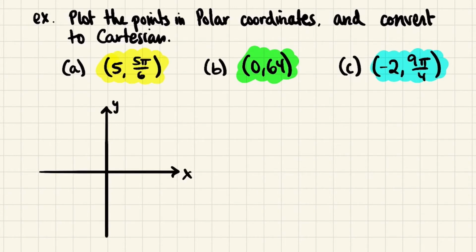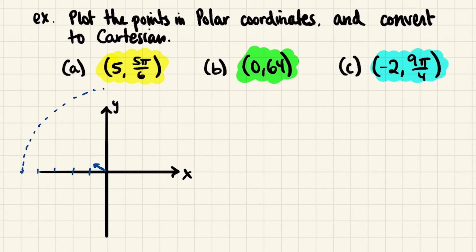So first one is 5, 5 pi over 6. We're going to locate 5 pi over 6, which we know is about here, this direction, and we're going to go 5 units that way. If we can imagine, here's 1 unit out, 2, 3, 4, and 5 units out.